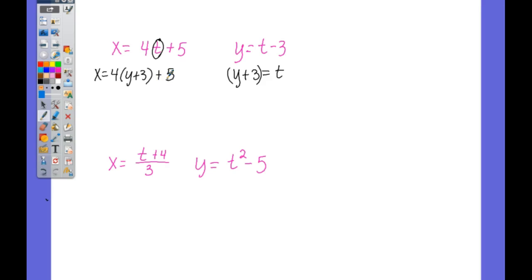You see what I did? So now we have to solve for y, right? So I'm going to take 4y plus 12. So I'm going to subtract the 17 and divide by 4.